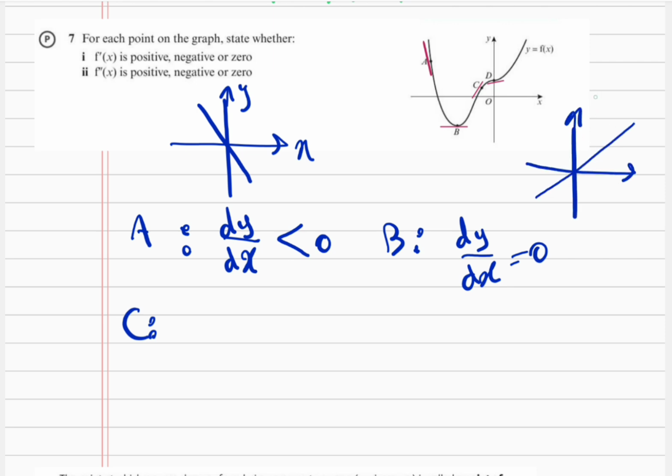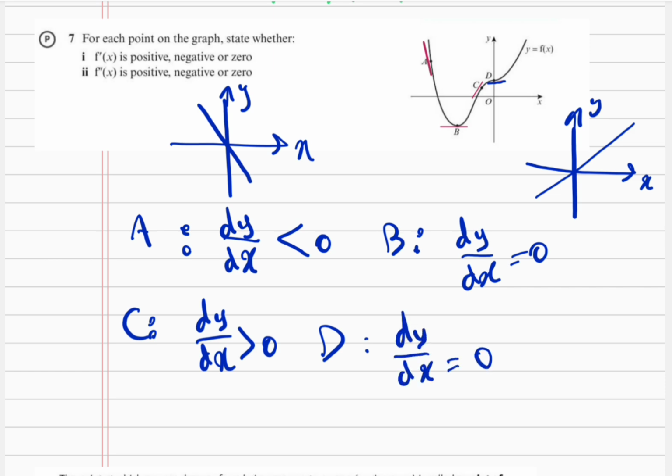If you remember these types of straight line graphs, that means C has a positive gradient. And finally D, my sketch isn't very accurate because it's meant to be a line that is just straight, not going upwards or downwards. So it's similar to B, and again at point D the gradient is 0.